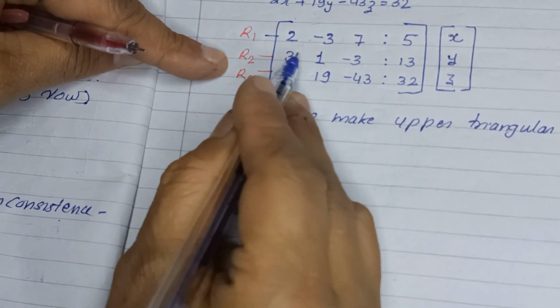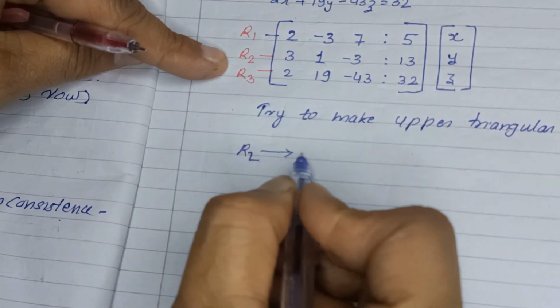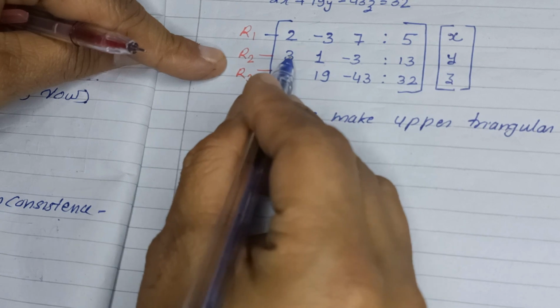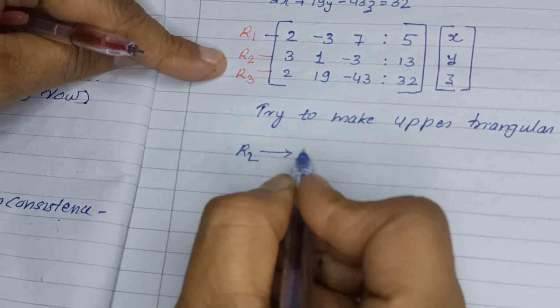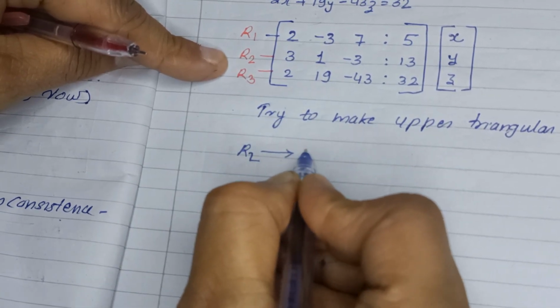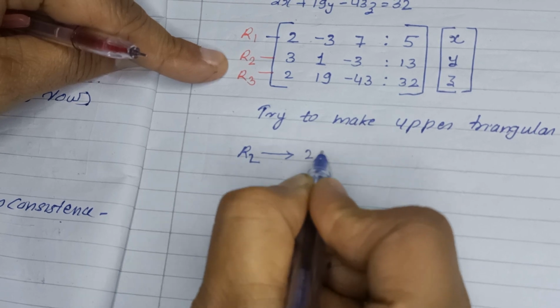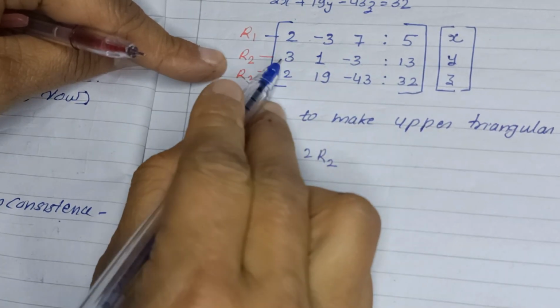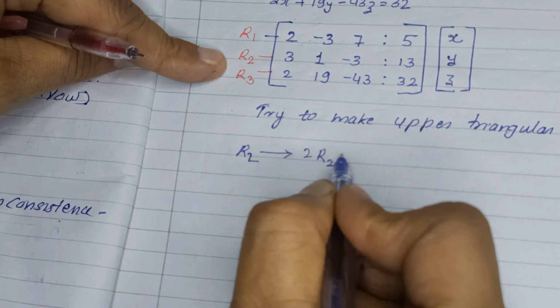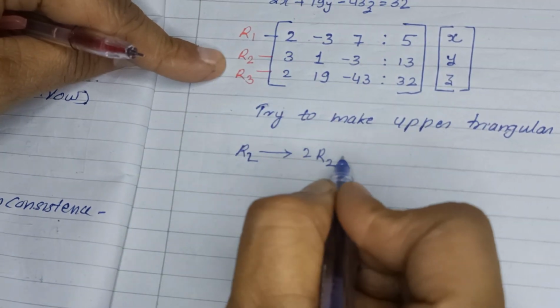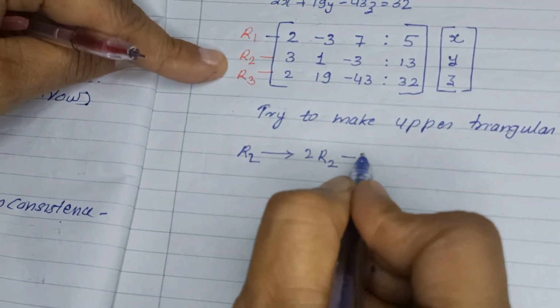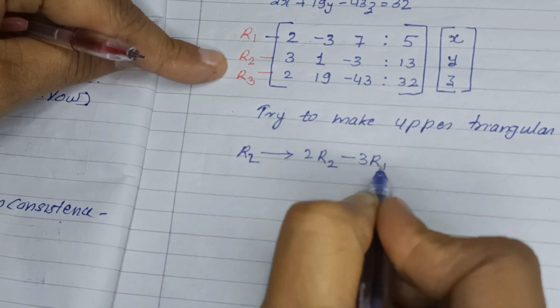How will I do that? To make 0 here, what I have to do is minus 2 row 2. I'll multiply first with 2, and then minus 3 row 1, so this one minus with this. That would be better.